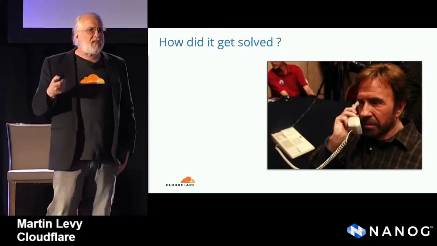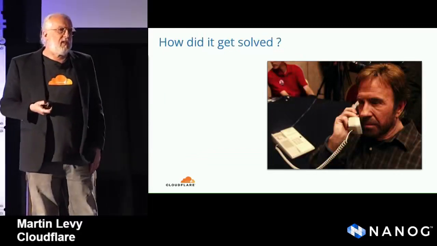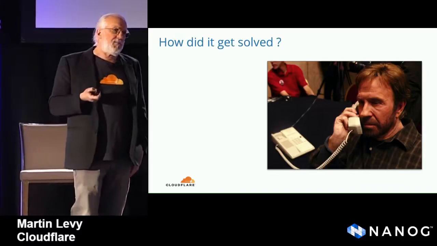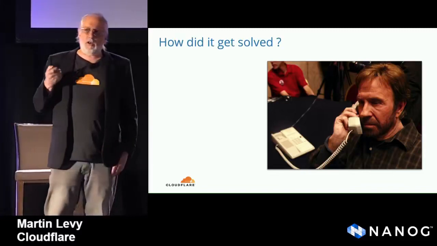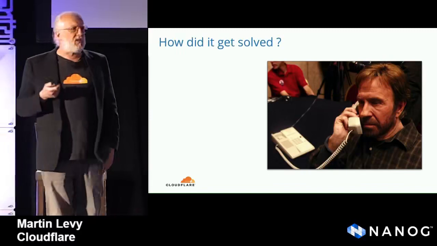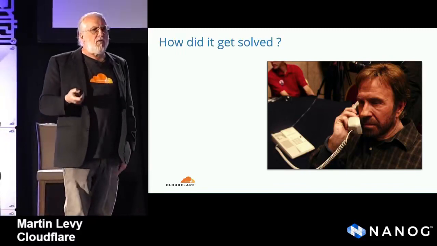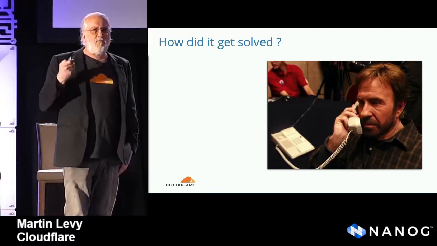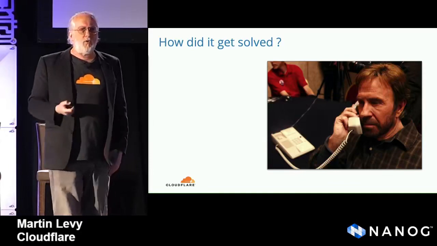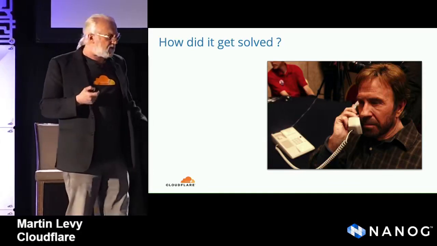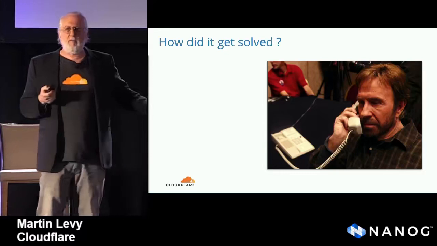So how did we get it solved? And the answer is, and I can go on and on and on about this without any words on this slide, but you know the answer. We made phone calls, plural. And I have to tell you the story because it's sort of important.